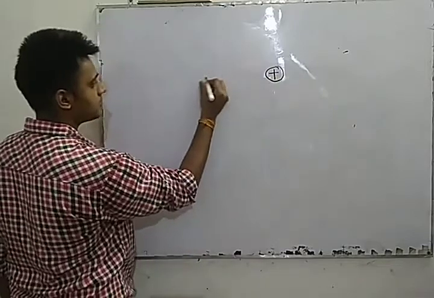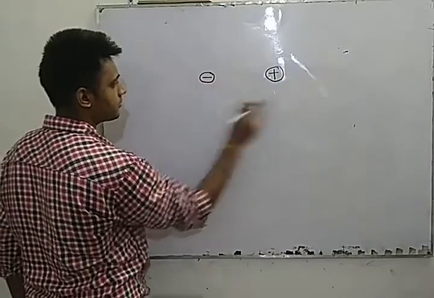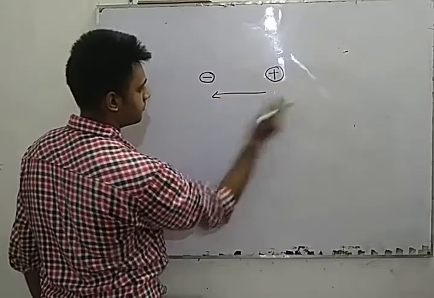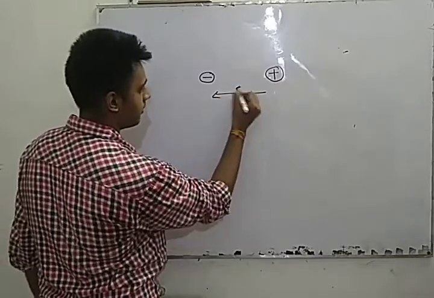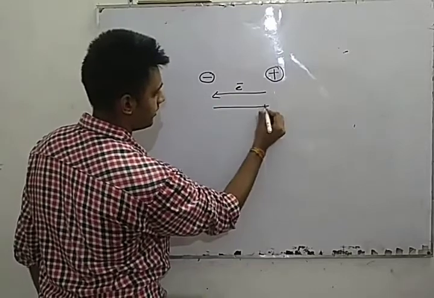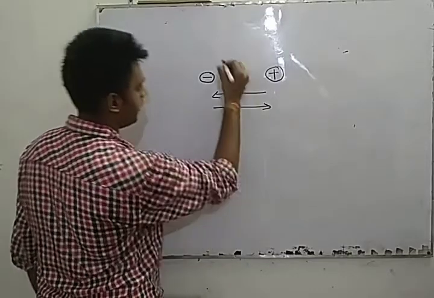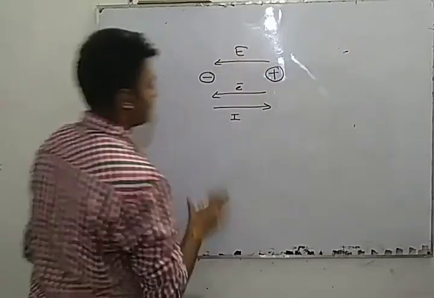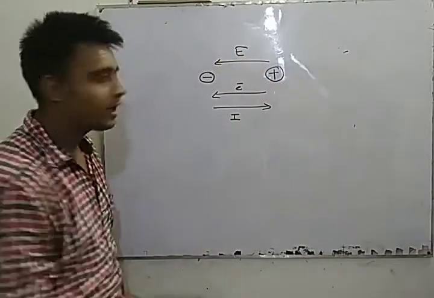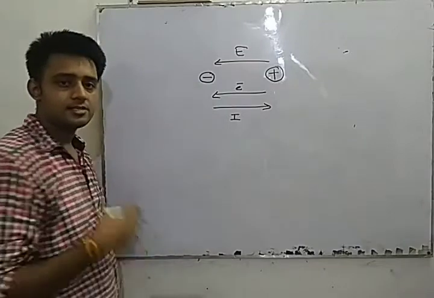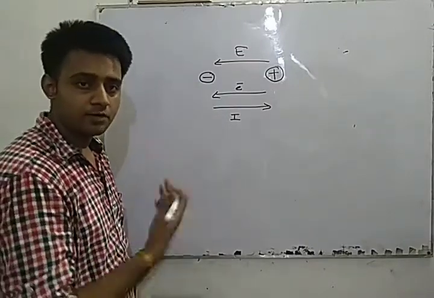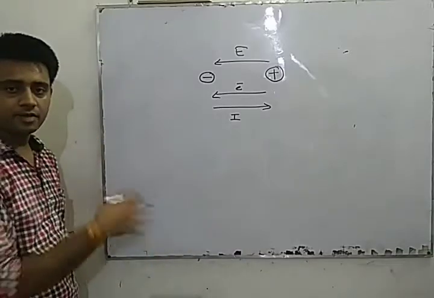The positive, negative, the flow of electrons this side, obviously the current will flow in the opposite side, and electric field. Where the current flow is due to the electric field E, such mechanism is known as the current flow due to the drift, or we may say the drift current.